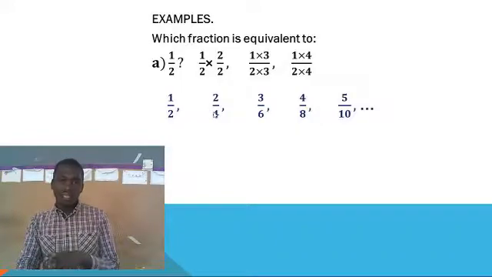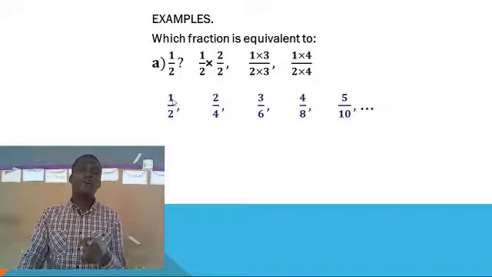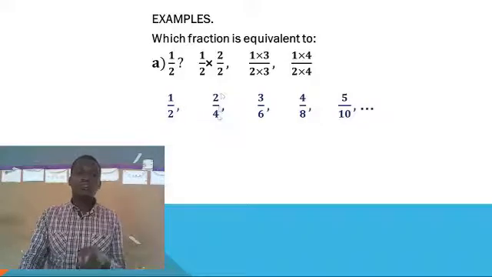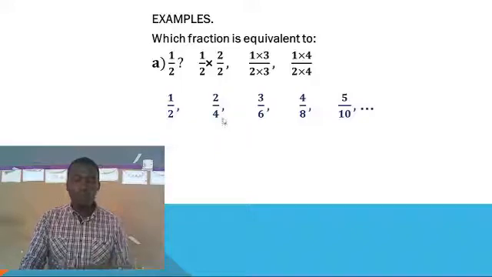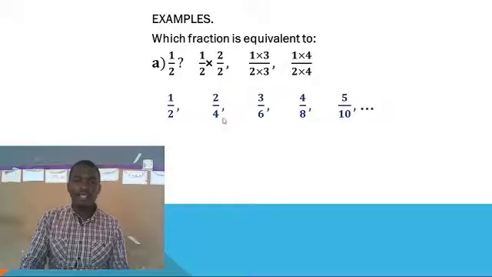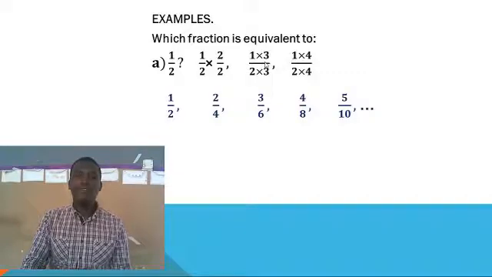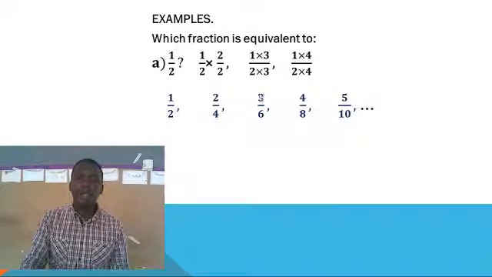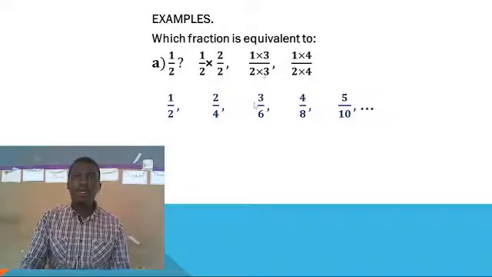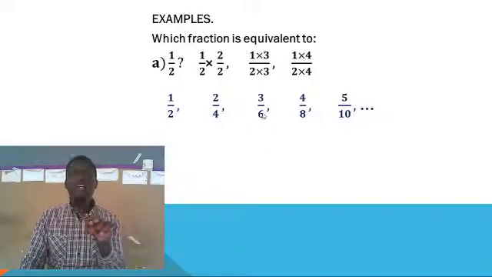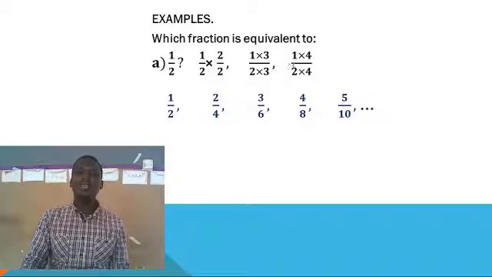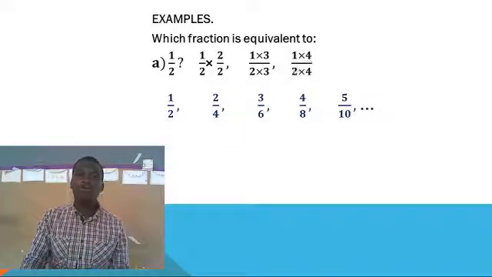So the next fraction, which is equivalent to half, is 2 out of 4, or we call it 2/4. Let's move to the next one. We have 1 times 3 out of 2 times 3. What do we get? 1 multiplied by 3, we get 3. 2 multiplied by 3, we get 6. The next one, which is equivalent to half, is 1 times 4 out of 2 times 4.